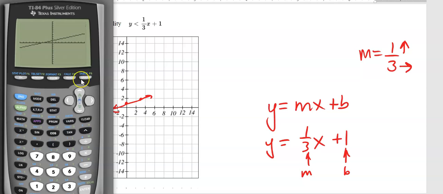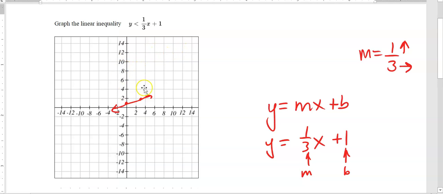But that won't help me graphing though, will it? But if I say second and then graph, it gives me a table. And this gives me points. So now I could enter in 0, 1, and I could enter in 3, 2. Those are easy ones to put in. I don't enter decimals in typically. I would choose points that are integers. Okay? So that's an easy way to quickly graph that line.